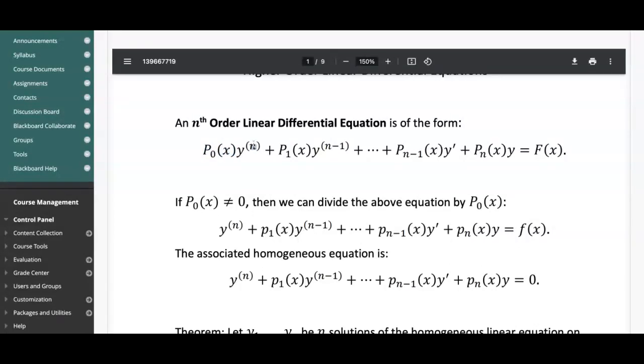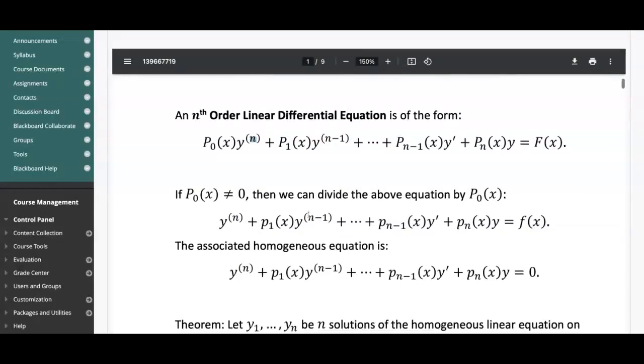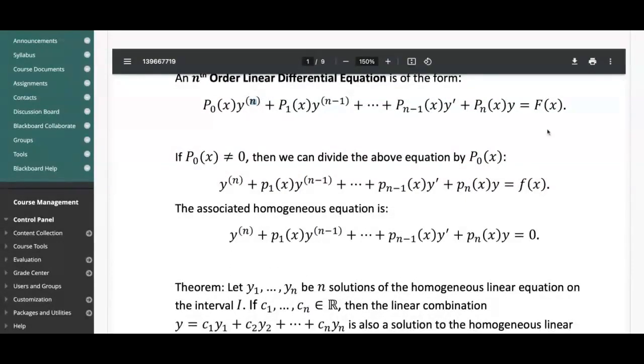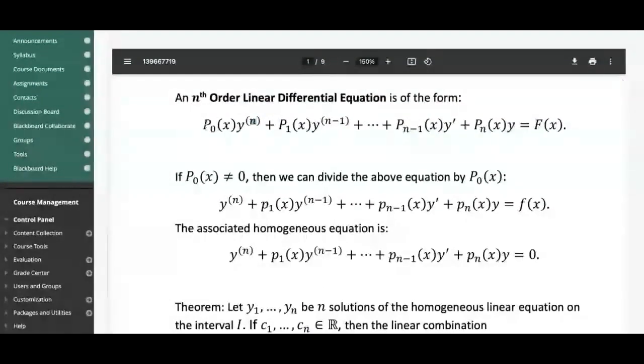Because this makes up an nth order differential equation. And if the leading coefficient is not 0, we can divide every term by the leading coefficient to get this form.